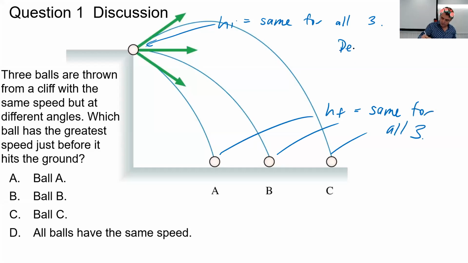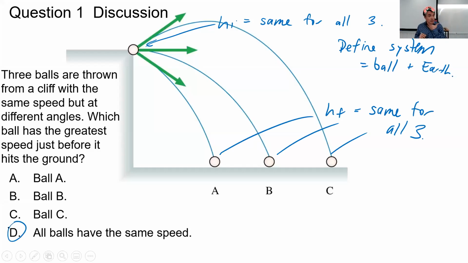You define the system as ball plus Earth, and you're going to get that the final kinetic energy is going to be the same for all of them. They start with the same initial kinetic energy. You just got K initial plus UG initial equals K final plus UG final. That's all it is.